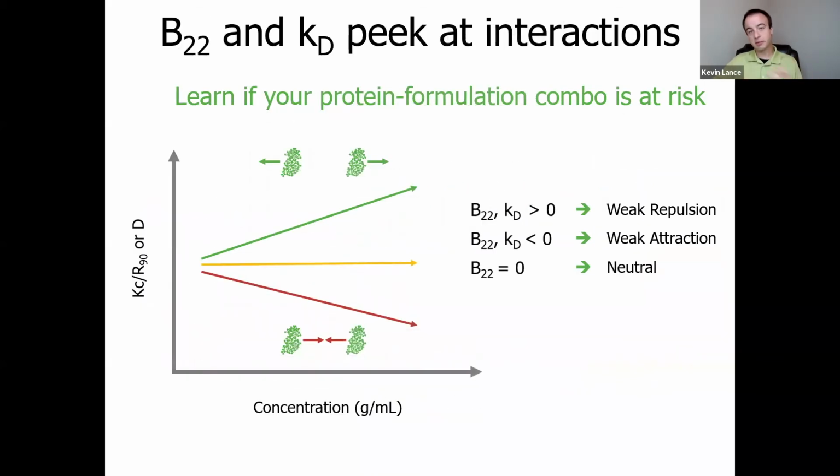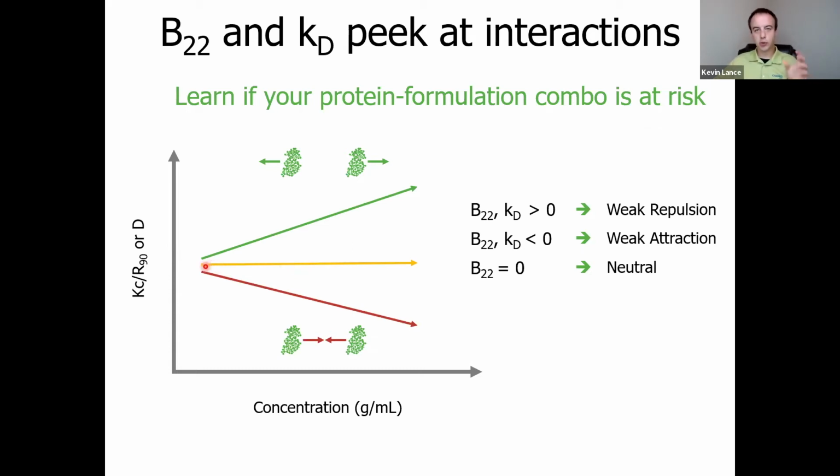The other metric that I mentioned for SLS, just to cover it quickly as well, is B22. In this case, we deliver B22, which is based on static light scattering, and KD, which is based on dynamic light scattering. The idea is that if we take a time zero snapshot across a range of concentrations, then as we increase the concentration, we see how our proteins affect one another.